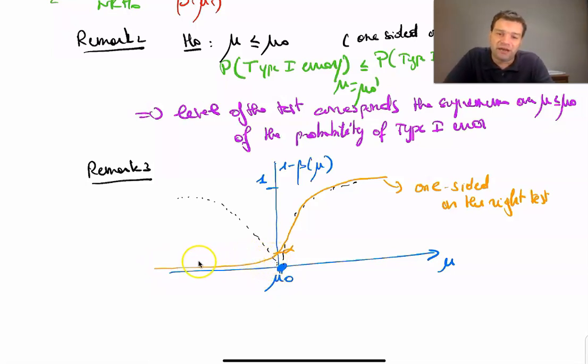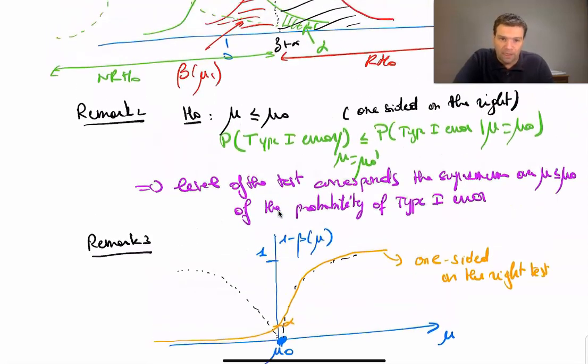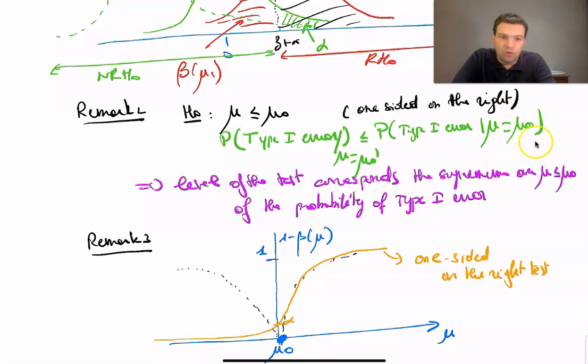This probability to reject should be very small, because in the case of the one-sided on the right test, we should have a small probability to reject when the null is true. We have seen that with the way we constructed this test, the probability to reject when the null is true, and especially when the null is exactly mu naught, is exactly the probability of the type 1 error, and this is exactly alpha, the level of the test.